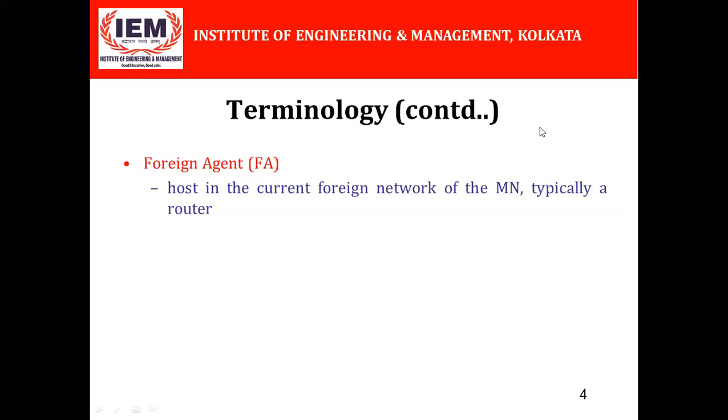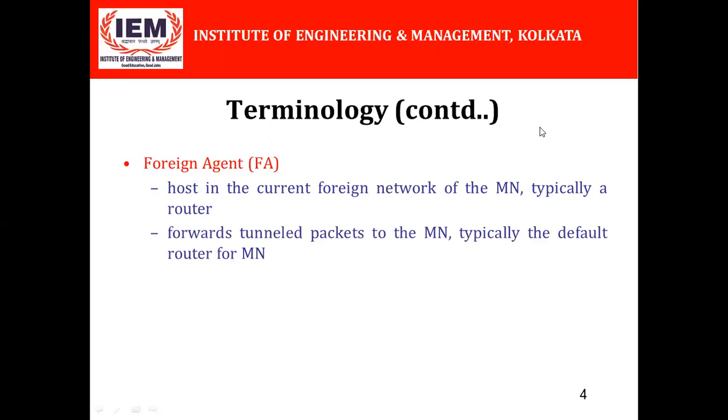So the foreign agent is the host, or better to say router, in the current foreign network of the mobile node. Typically it is simply a router that forwards the tunneled packets. I already told you.